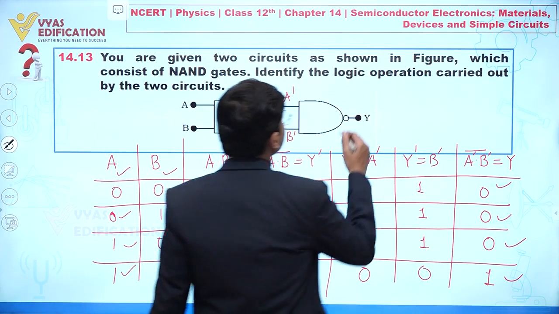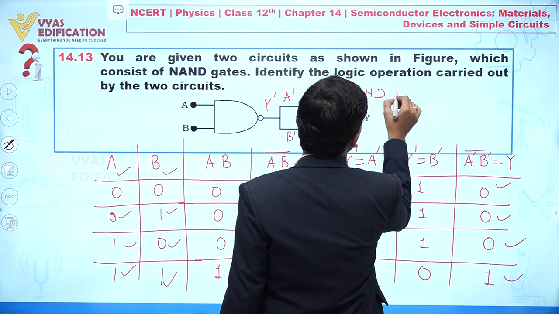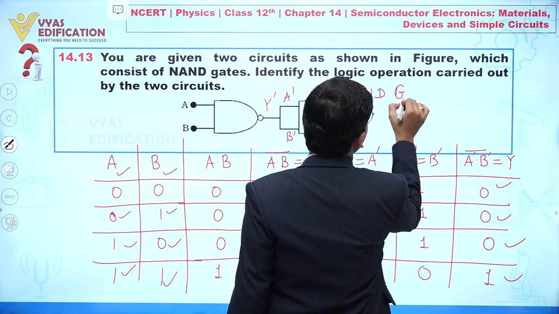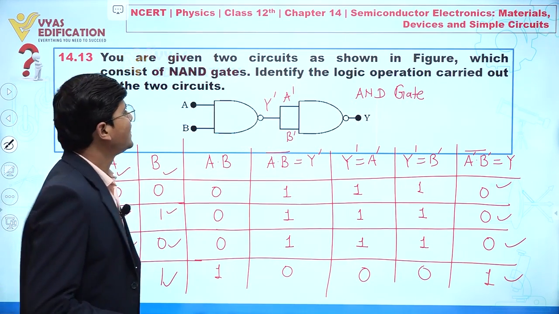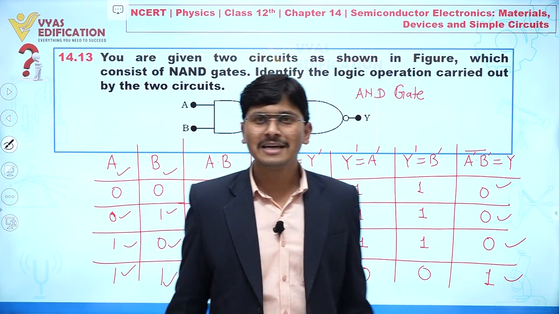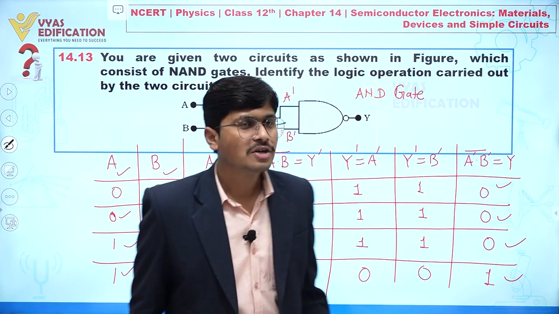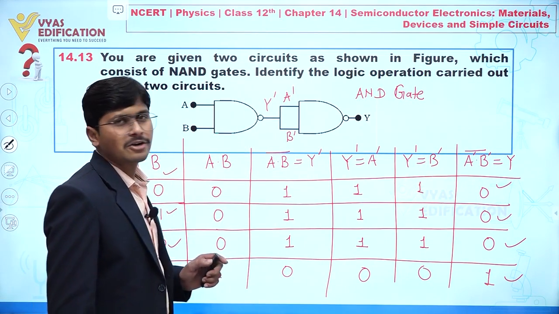Clear? So logic operation, this complete circuit is behaving like an AND gate. Clear to everyone? And I already told you this is a NAND gate, we are connecting a NOT gate, so negative and negative, this becomes positive, so we are getting an AND gate. Clear to everyone? So this is only one part of this question.